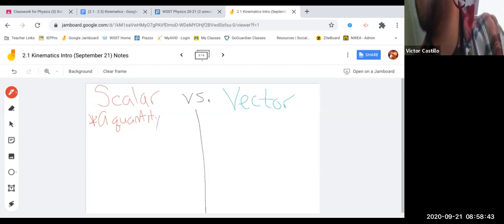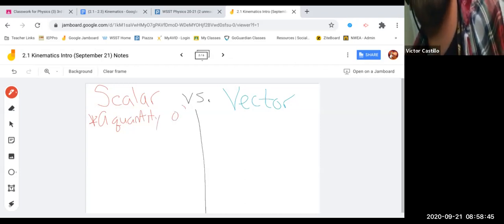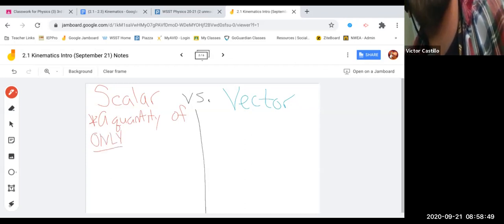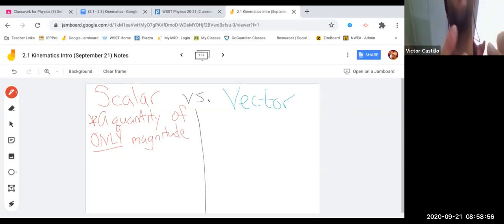of only magnitude. So how big or how small it is, it's only a quantity of magnitude.